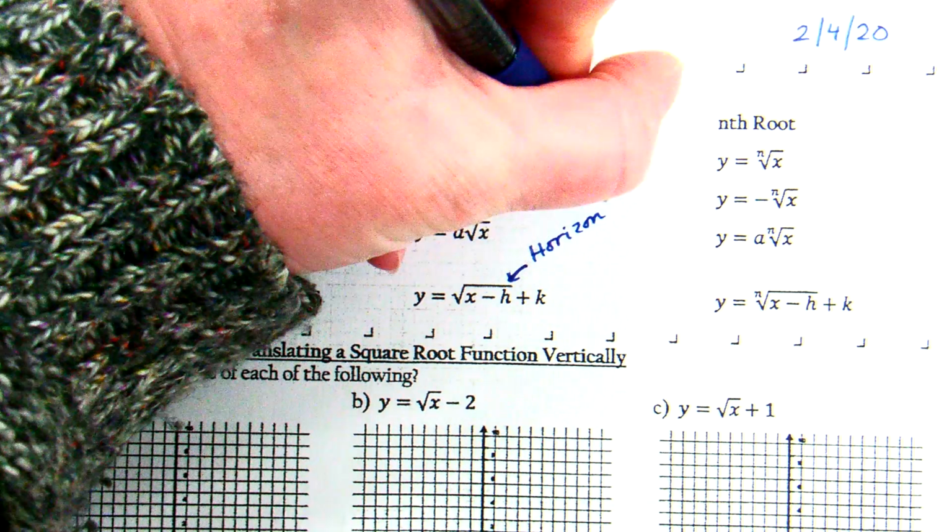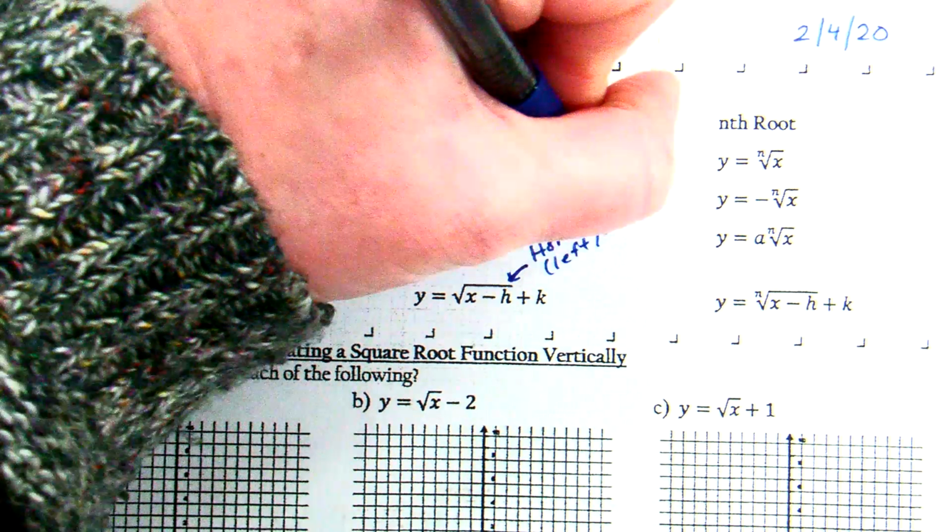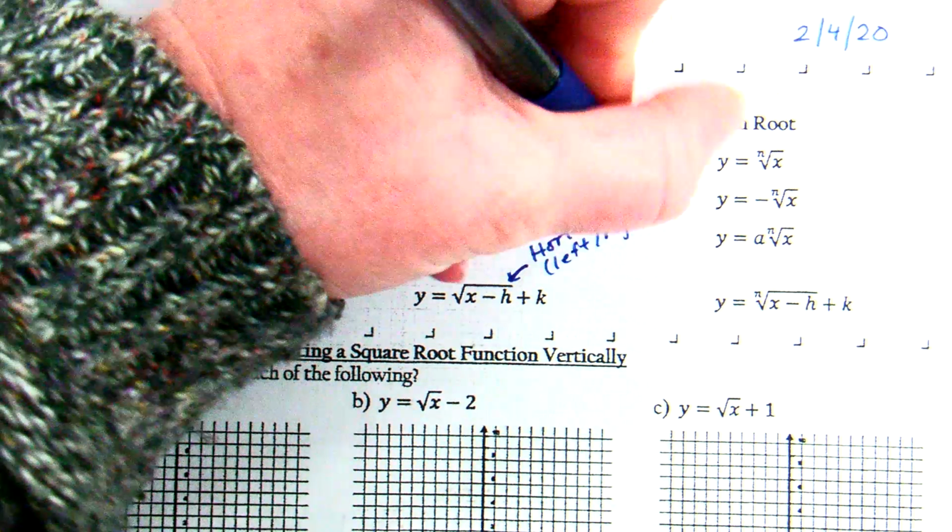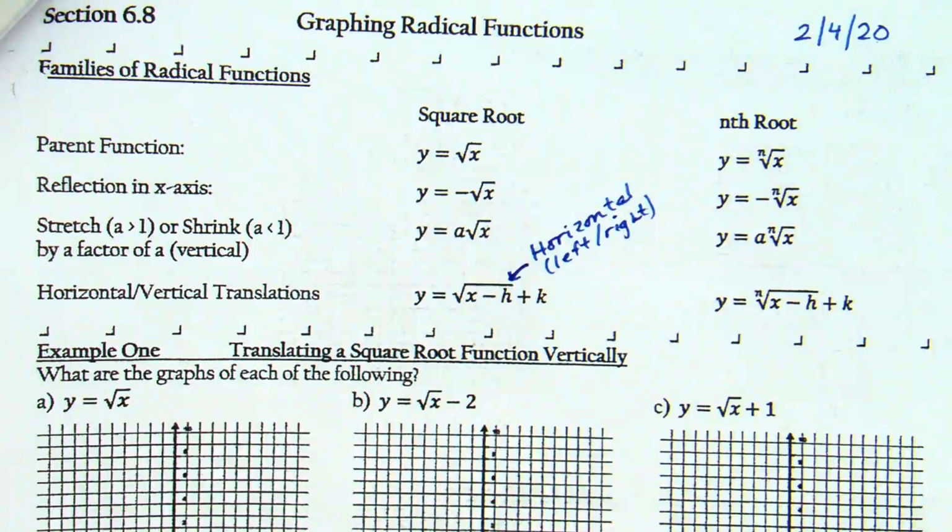In other words, left or right. Okay, so remember when the number is in the parentheses with the x, or in this case, under the radical with the x, it tells you to move left or right. Do you remember how I always say this? Opposite is the direction of the sign, right? That's why it's the x minus h.